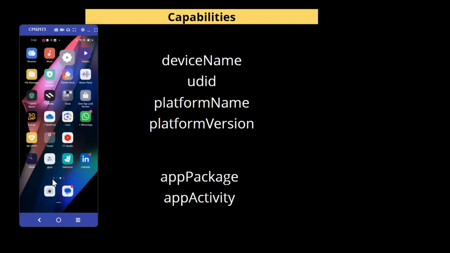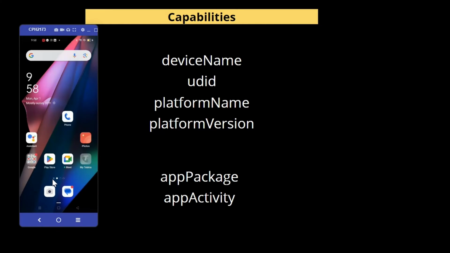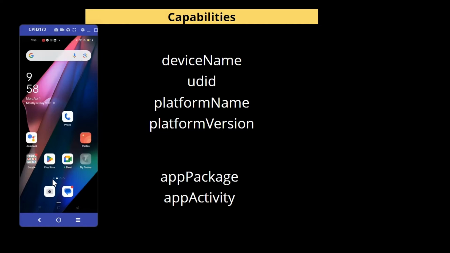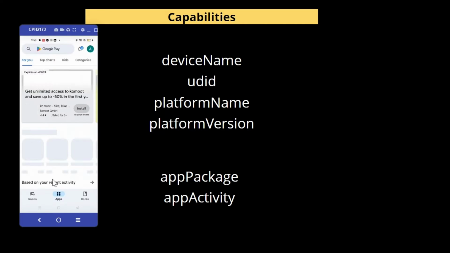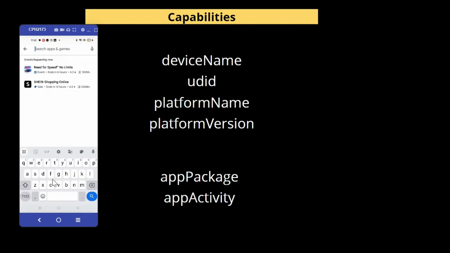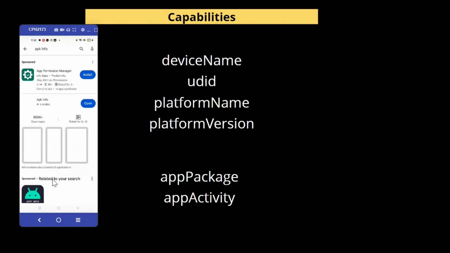So what I have done here is I have gone to Google Play Store. I have tried to find Google Play Store in my mobile, and once I go to Google Play Store, what I can search here is APK info. I have searched for APK info and downloaded it on my mobile.